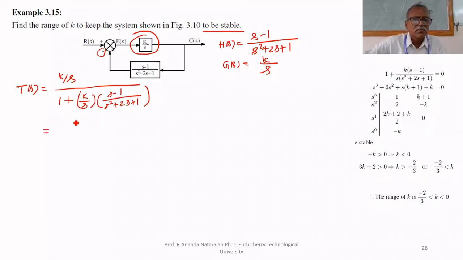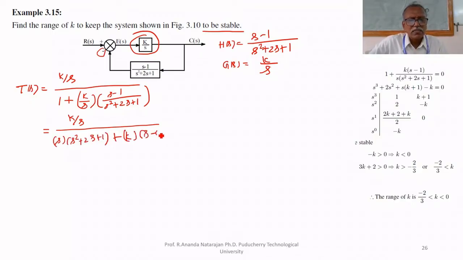That is equal to (k/s) divided by [s(s² + 2s + 1) + k(s - 1)] divided by [s(s² + 2s + 1)].